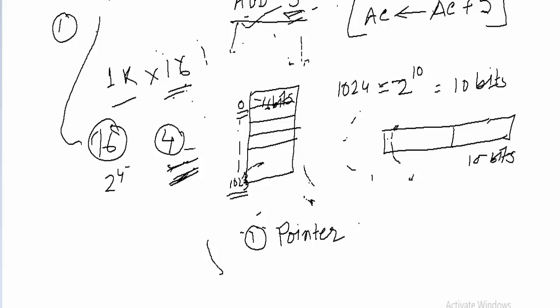What is a pointer? We don't give the memory address directly, we just give some address, and after going to that address we get the actual address where the actual operand is present, and that address is called the effective address. So we just learned one word, that is called effective address.